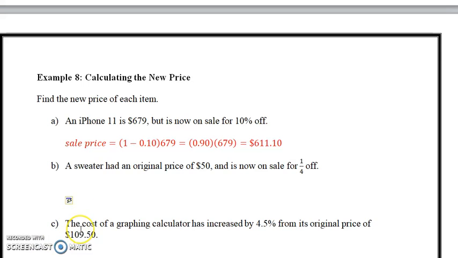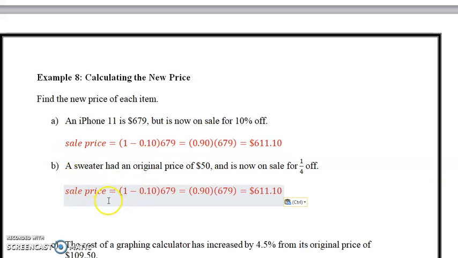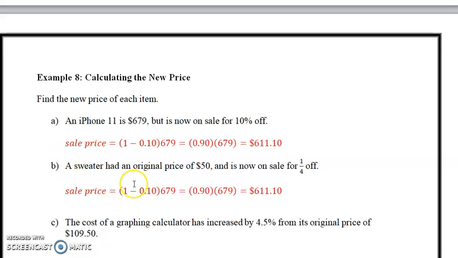It says a sweater has an original price of $50 and is now on sale for 1/4 of that price. So again, you can take 1/4 of 50 and then subtract it from the 50, or you can use this sale price formula that I have here, and the sale price is equal to 1 minus whatever the sale is. So 1/4 is the same as 0.25.